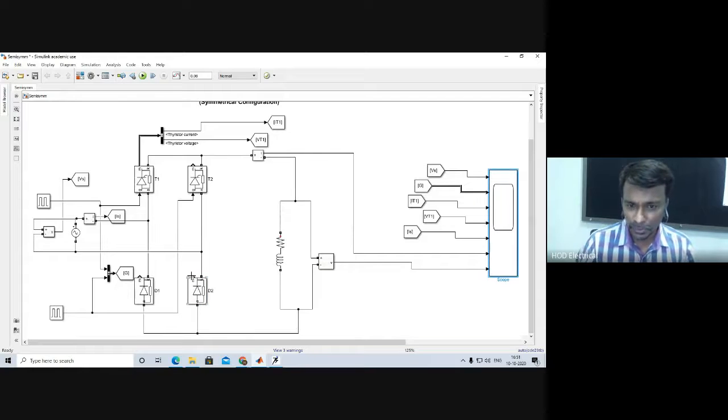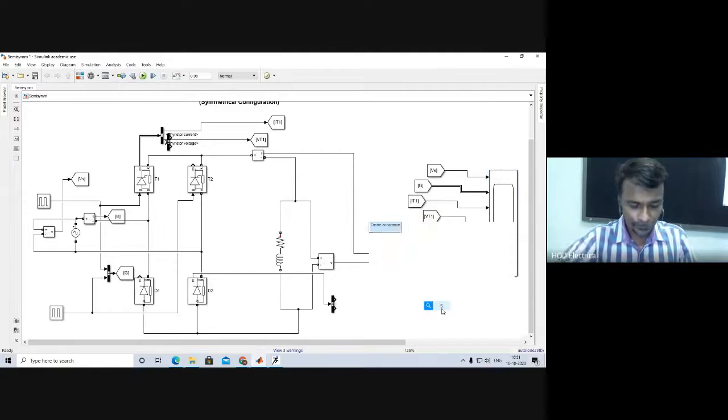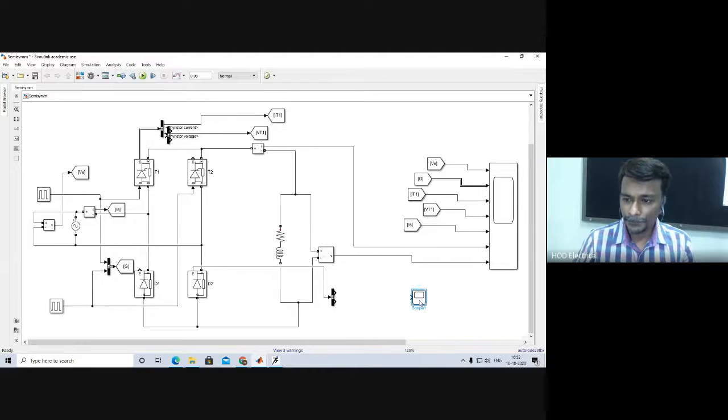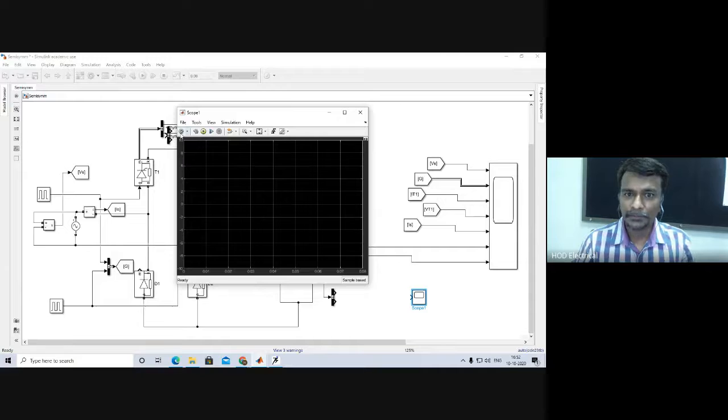Then one more thing I want to show you. I would like to see the output of the thyristor also, and one diode also. For that, I would like to connect a separate diode measurement. You can connect the scope separately as well, to see the current flowing through this diode, making the number of axes 2.